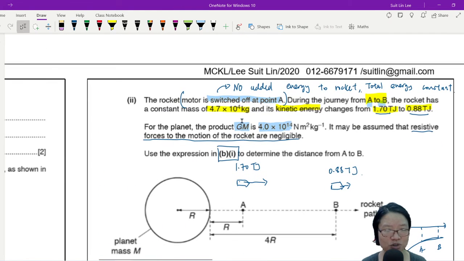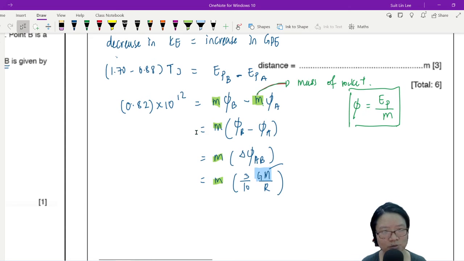Miss, they give me GM, what to do? I got GM squared. You chill. This GM is for the planet. Planet is GM. Rocket is small m. I'm sorry, my capital M and small m kind of look the same, but they're not the same. So this one is the planet. Right?